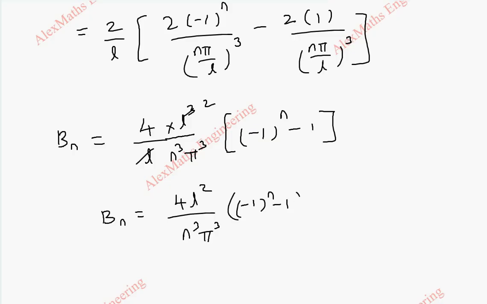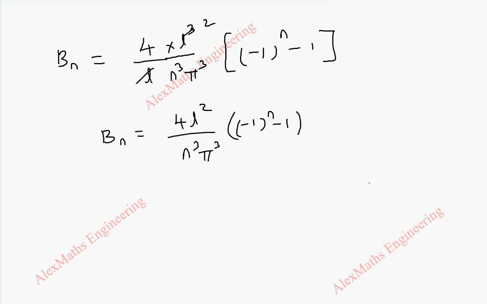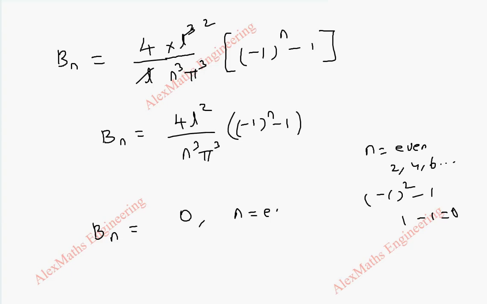Now let's check for even and odd. If n is even, like 2, 4, 6 dot dot dot, (minus 1) whole power 2 minus 1 will become 1 minus 1, so it is 0. So this Bn is 0 when n is even.